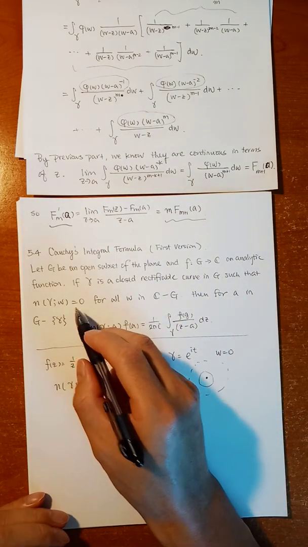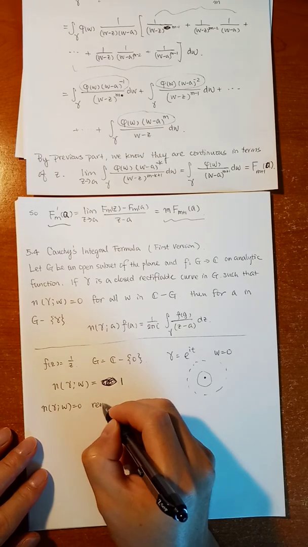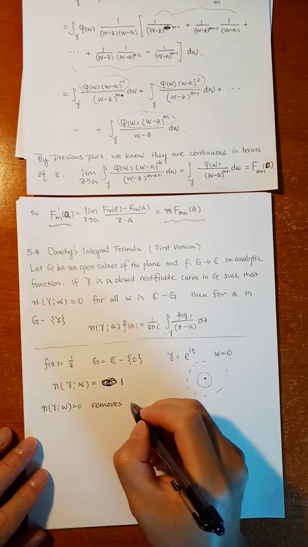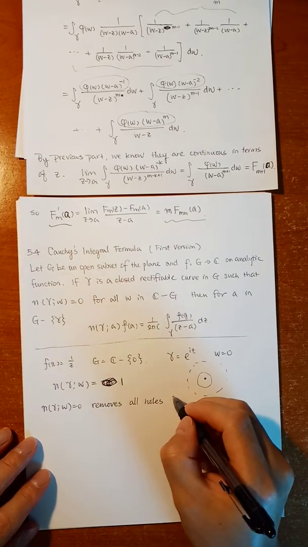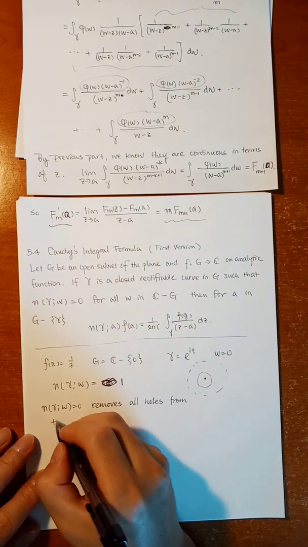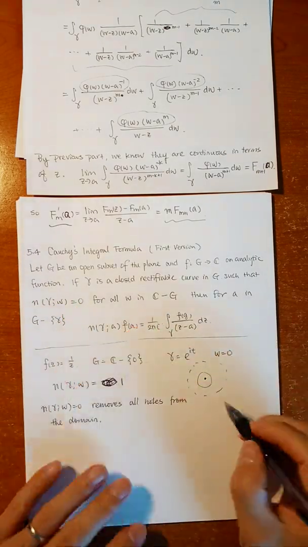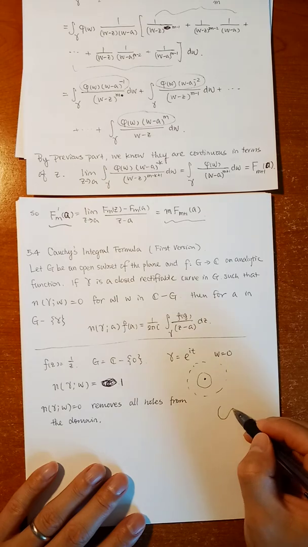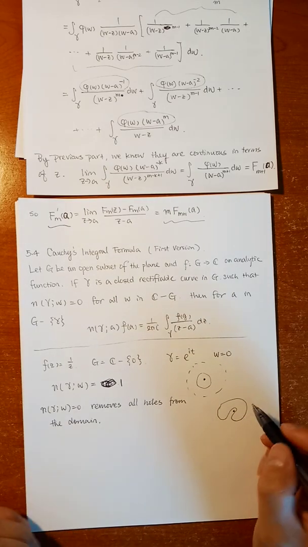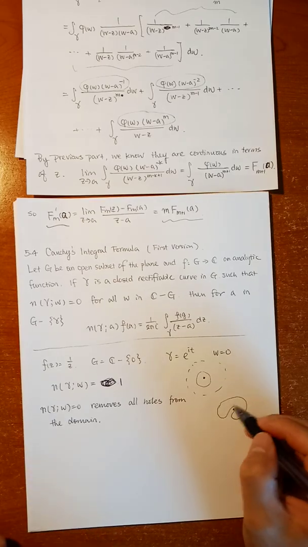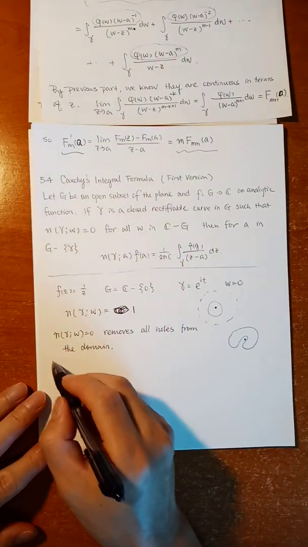So this condition removes all holes from the domain. The domain cannot contain a hole inside. Well, this is not contained. It's still outside, because your closed curve cannot include it. Okay, so this is not.